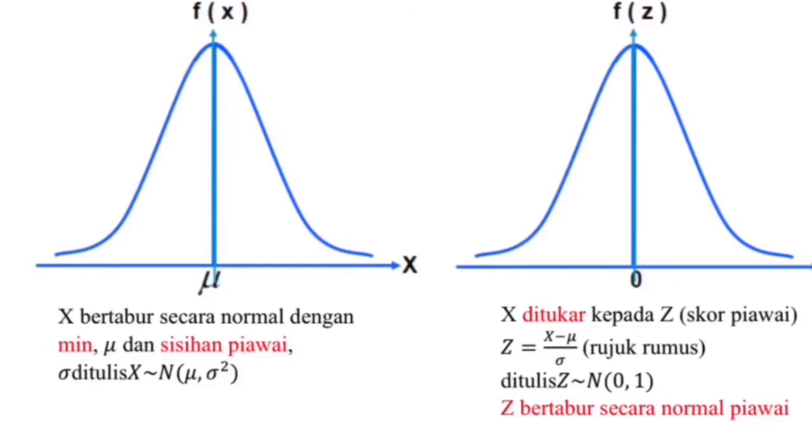It's exactly symmetrical at x equal to 0, mean equal to 0 for the z-score. So for z more than 0 the area is 0.5, because the middle is at 0. More than 0 is to the right, less than 0 is to the left. So the area for half of the bell, to the right or to the left, is 0.5.